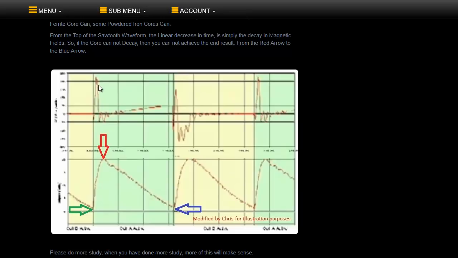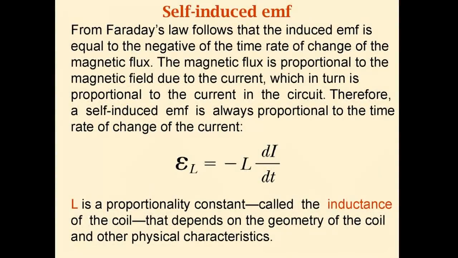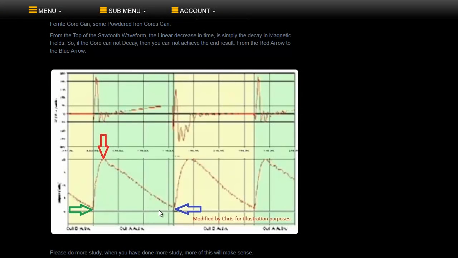Then our input coil is switched off, and this is a very important thing here. When it's switched off at the red arrow, or just before the red arrow, this changes entirely the magnetic fields. Remembering that inductance is how the current traverses through the coil, from the green arrow to the blue arrow we have a complete change in inductance between the coils.